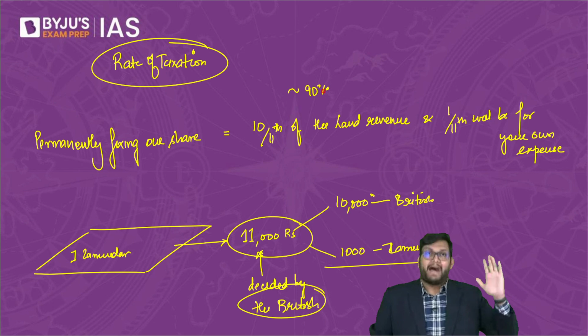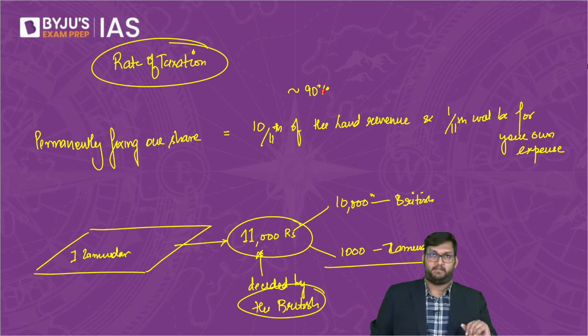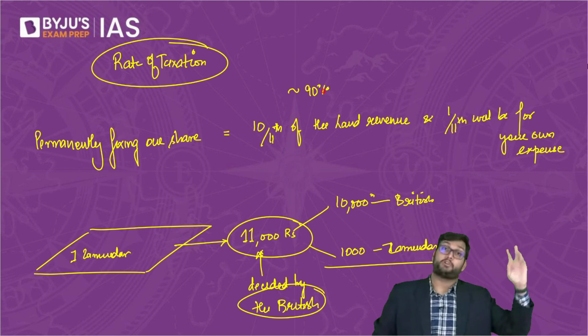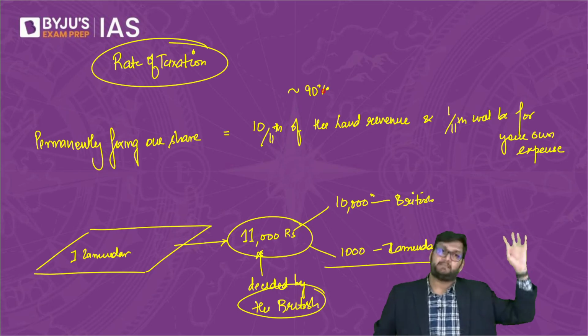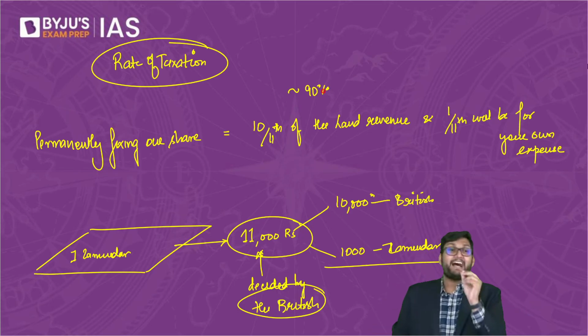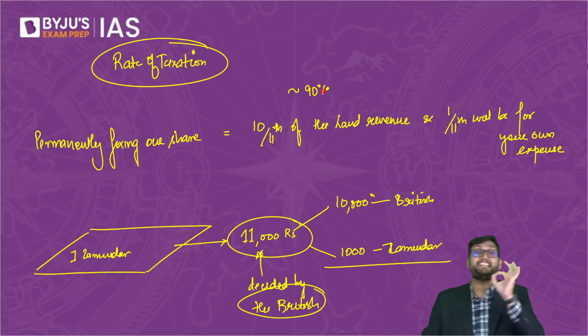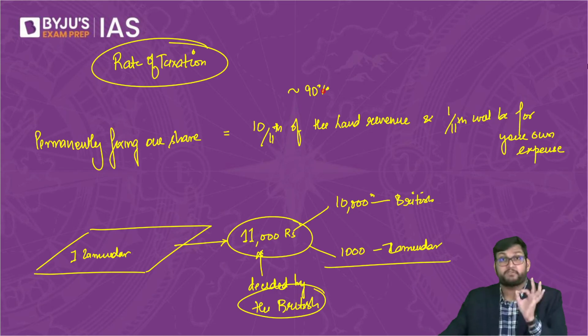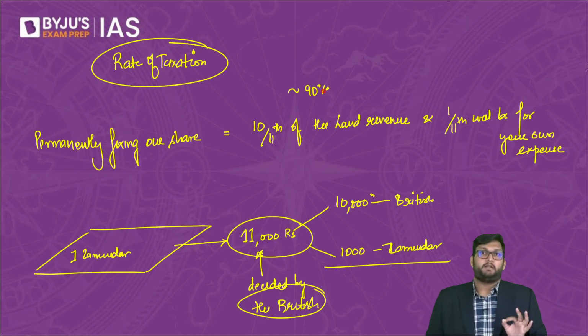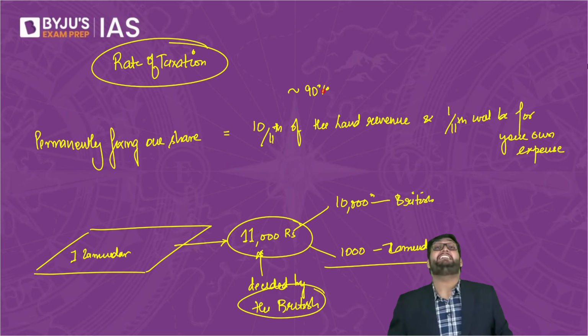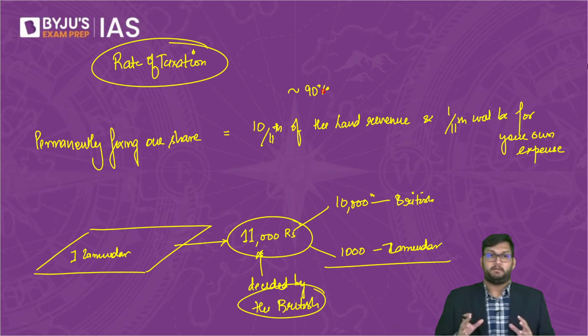Mughals asked half, 50%, 1/3, 1/4, 1/6, 1/10. They are asking for close to 90 to 91% of the revenue. This is the British being greedy and being the real British in India.